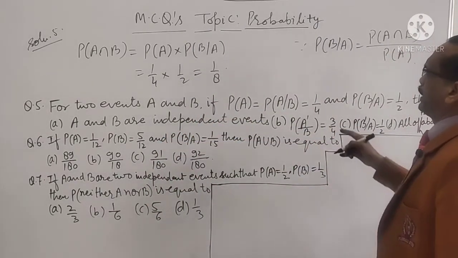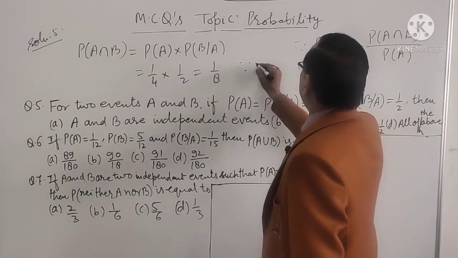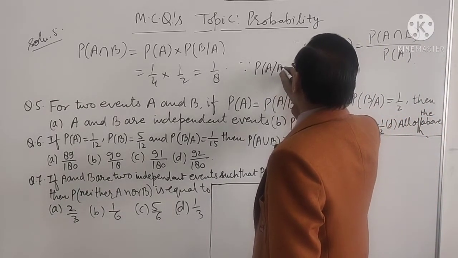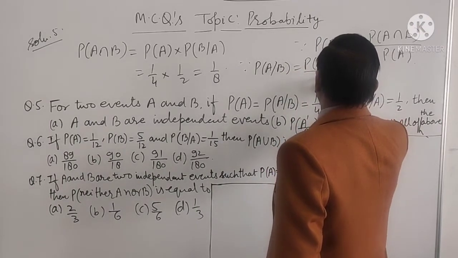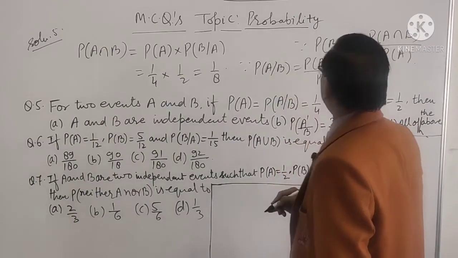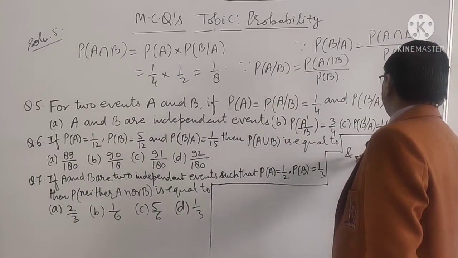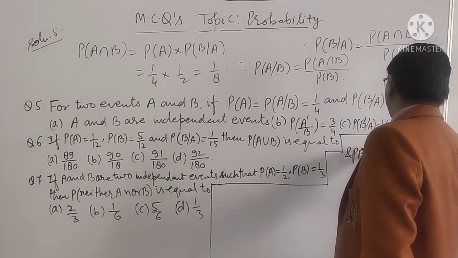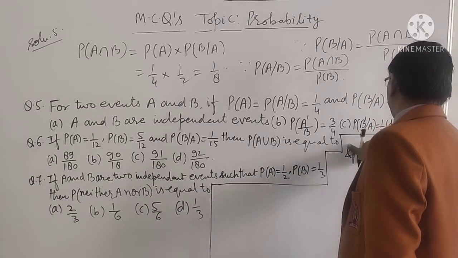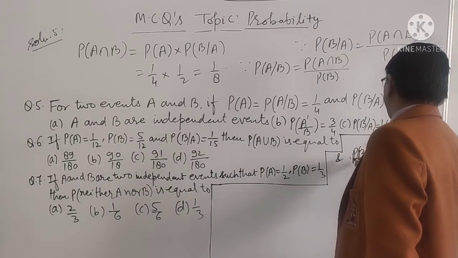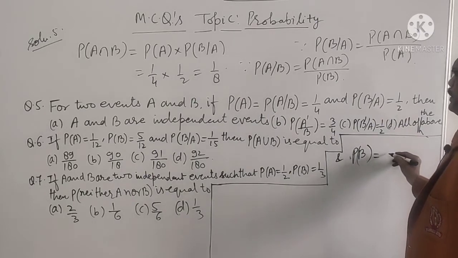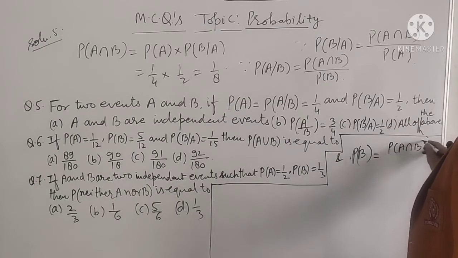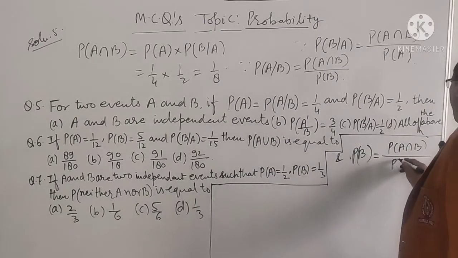Now we will find P(B), since P(A|B) equal to P(A intersection B) upon P(B), and P(B) equal to P(A intersection B) upon P(A|B).